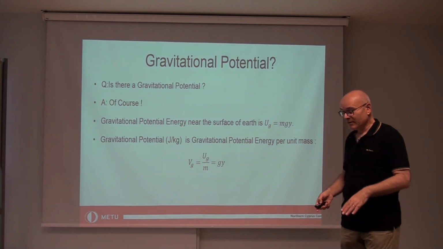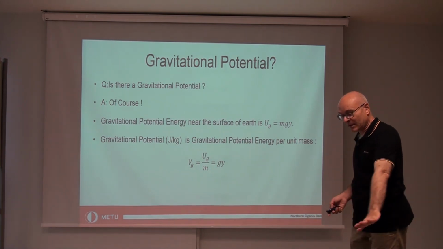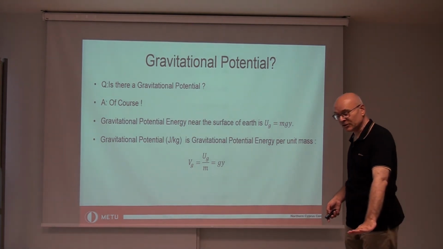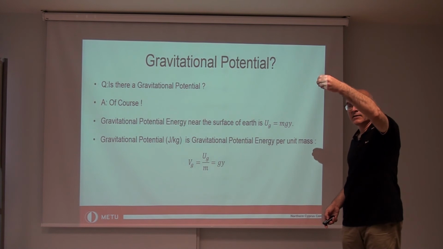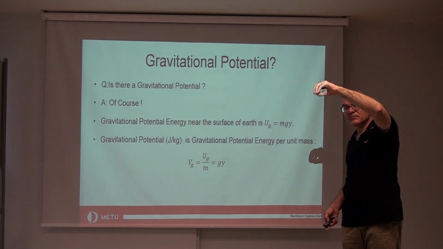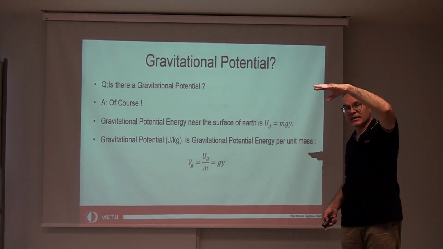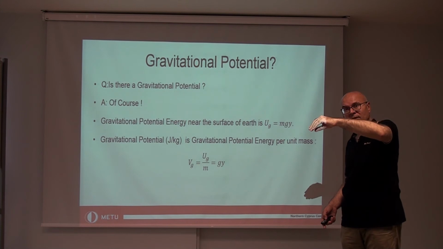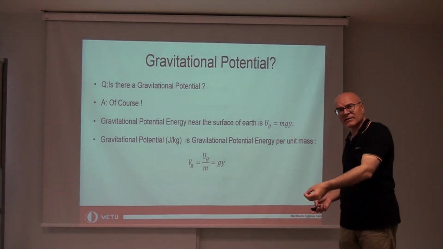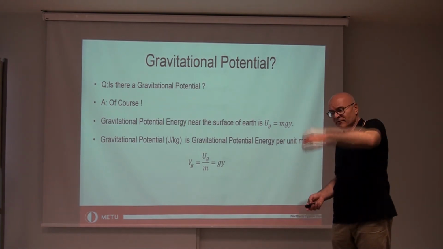So, if I have a mass here, I take my zero of the potential energy in gravity here. I put the mass here. At this point, the gravitational potential energy is mgy. Now divide by m, you get gy. So this is the potential. Now y is arbitrary, it can be any value.